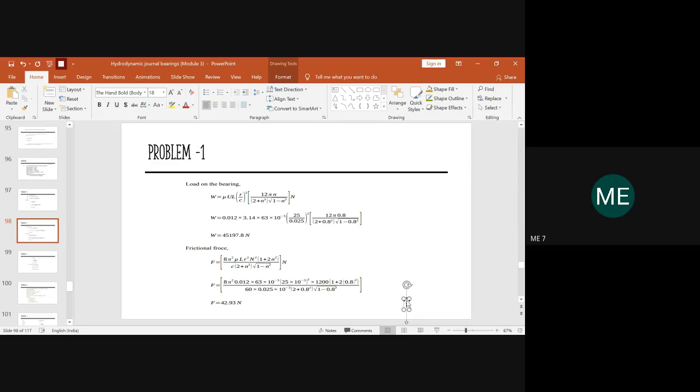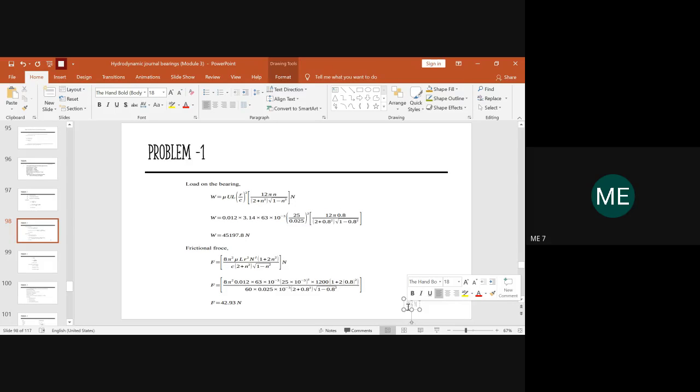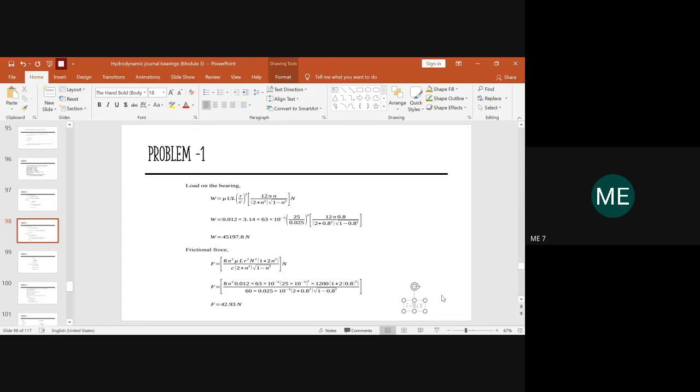Without 60, you are getting 38.6. Yeah, 38.6 Newton should be your answer. So our frictional force value will be 38.6. I've just edited it here.